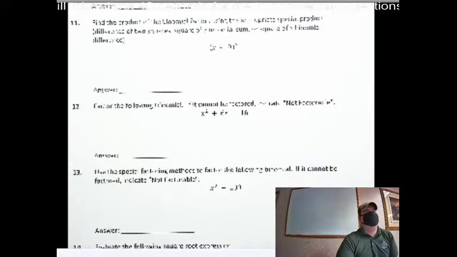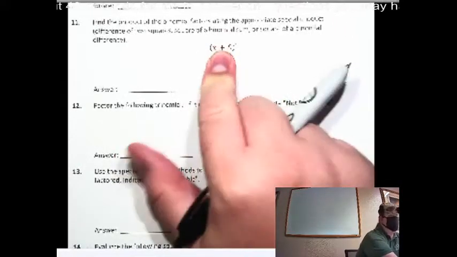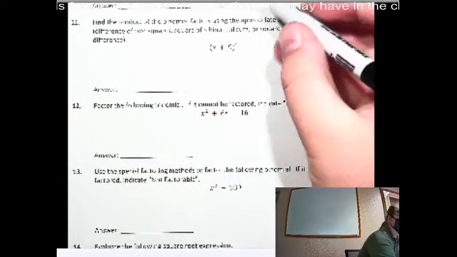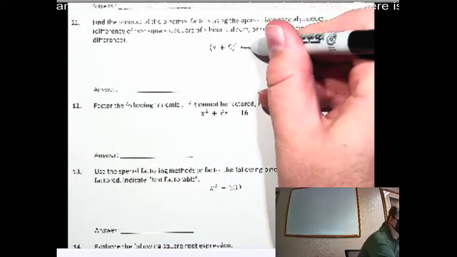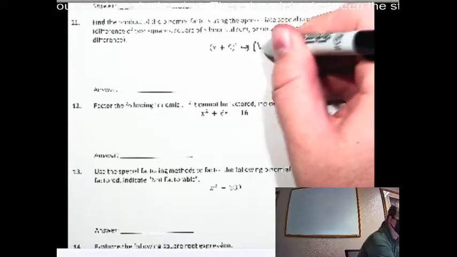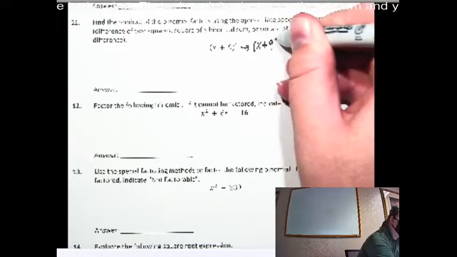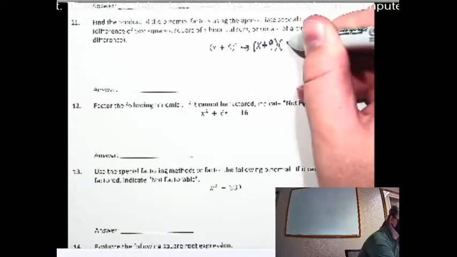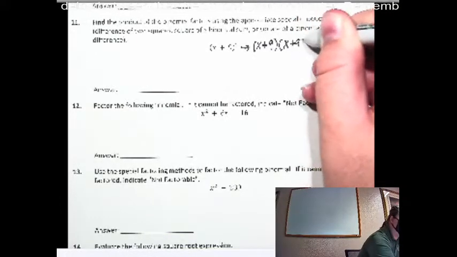None of that matters. Remember, this is squared, so this means it is literally being multiplied by itself. So x plus 9 times x plus 9.